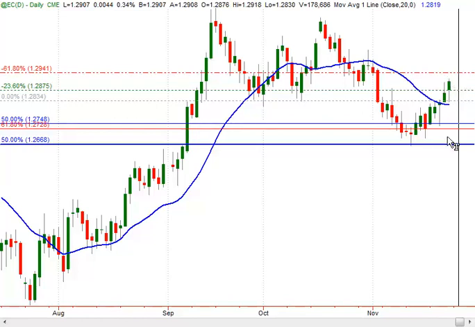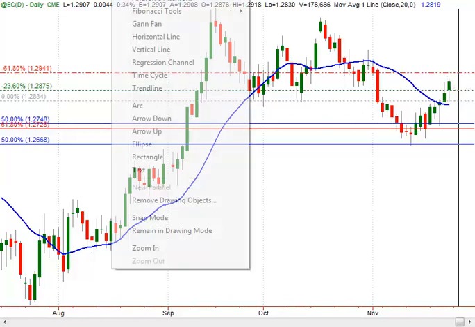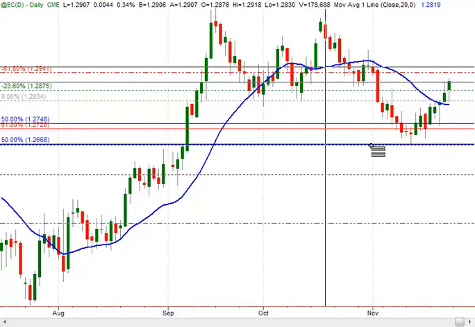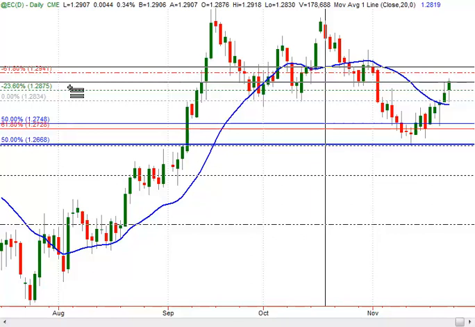We are also challenging two levels of resistance. The first one is the level I showed to you yesterday, and that's the 129 area.